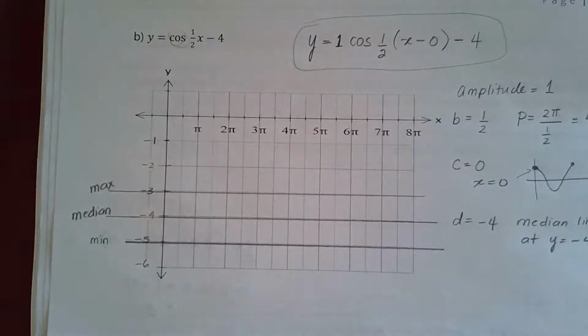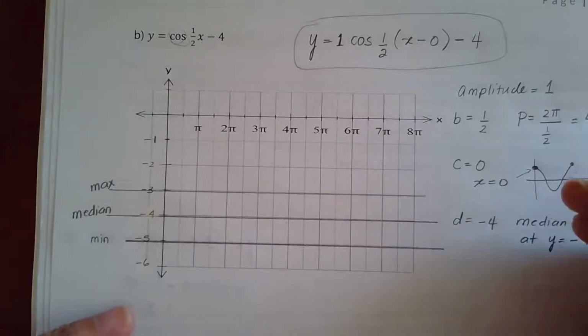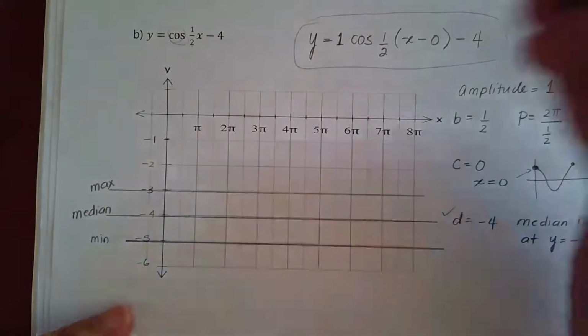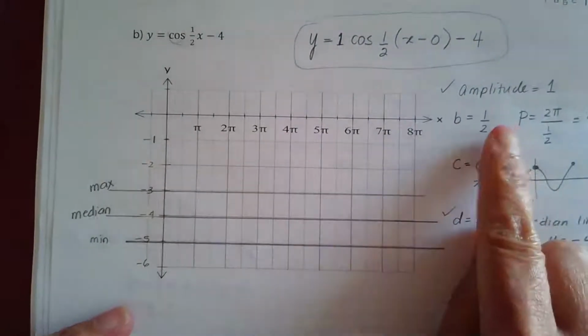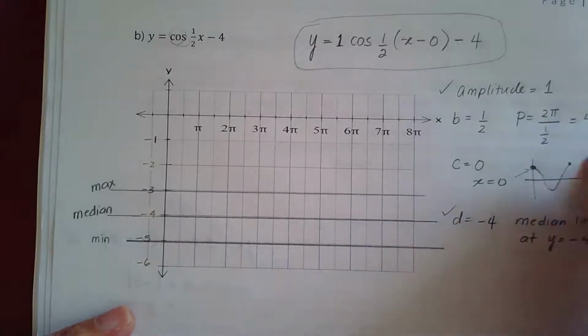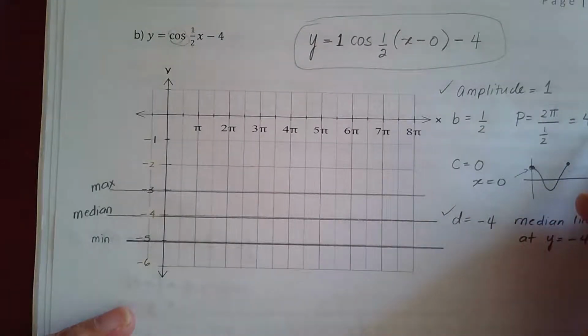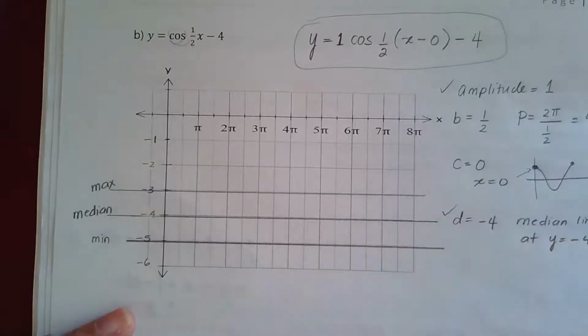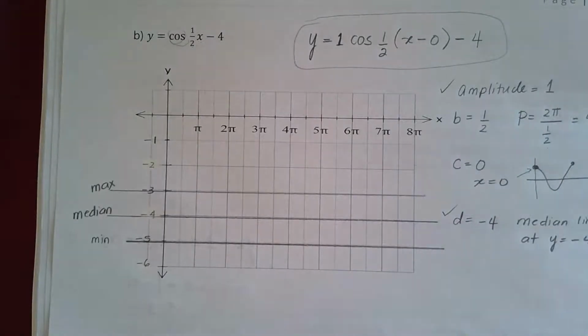What's the next thing that we're going to do? We did the D, we did the amplitude. The next thing is the B value, which is the period. The period means the whole cycle is going to be completed in 4 pi.